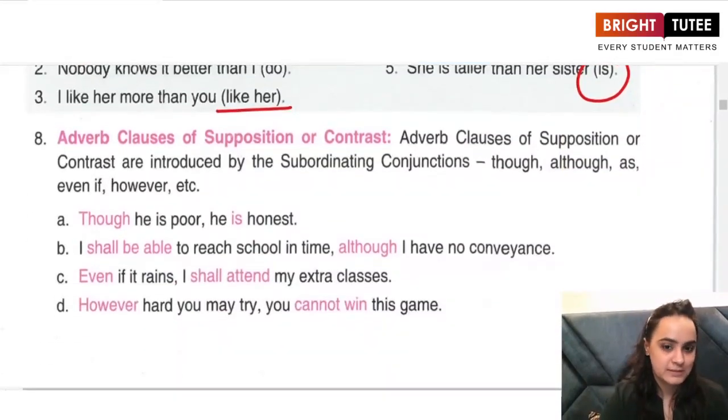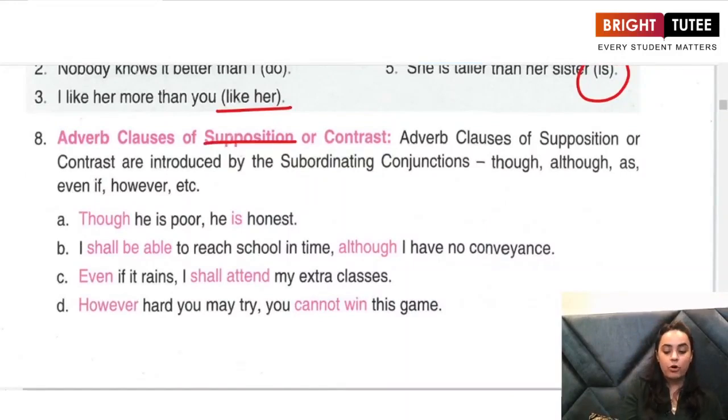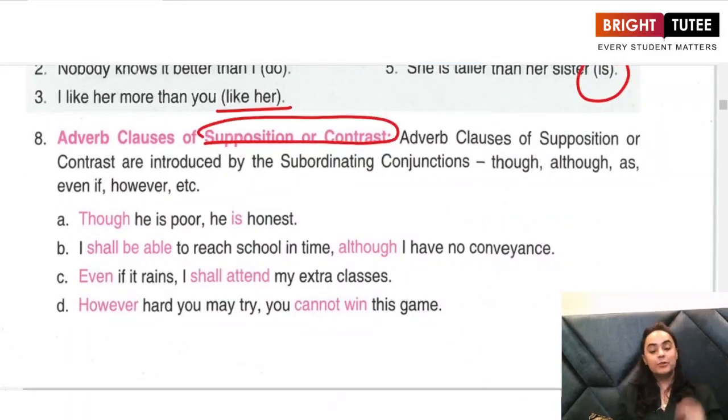The last category of the adverb clause is the adverb clause of supposition or contrast. When two things which are opposite or contrasting in nature are being described with the help of an adverb clause, they are the adverb clauses of supposition or contrast.